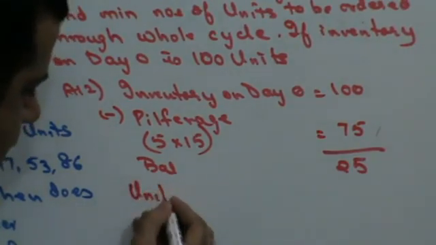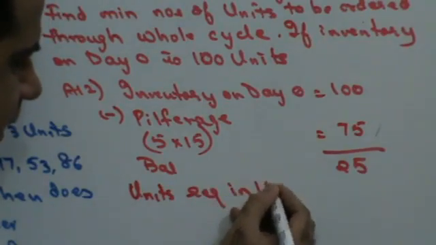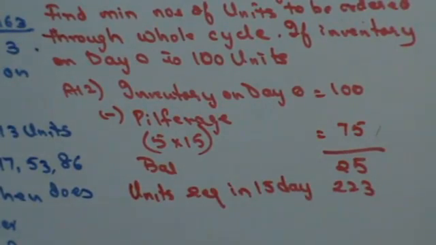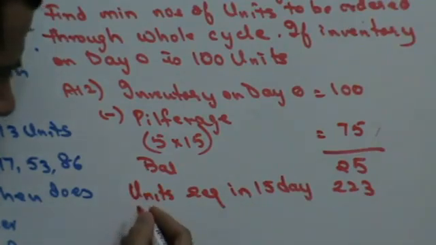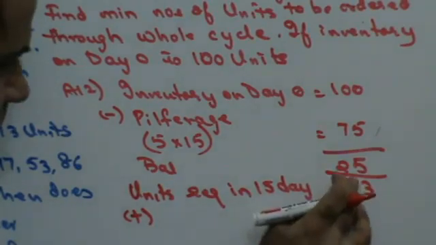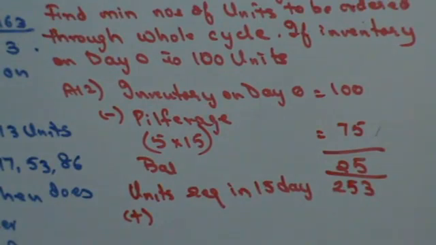Units required in 15 days is 233. Now, once you have this, 233 units are required, out of which I have 25 units already available with me.